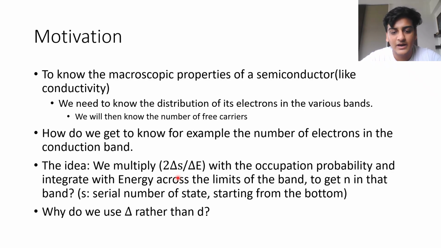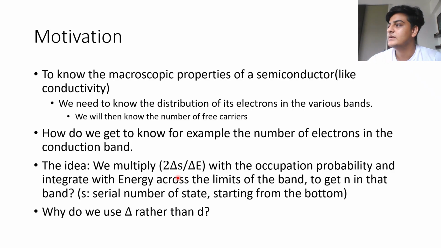So that's why we're multiplying by 2, because we want to consider both the possibilities of the electrons for a given energy level. So essentially the 2 is to allow the spin up and spin down, and our ΔS/ΔE is just the number of states for an energy difference ΔE.